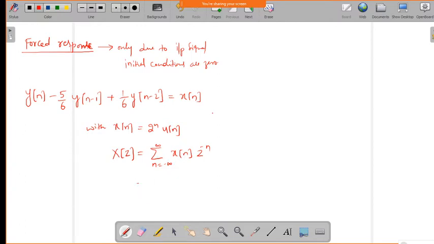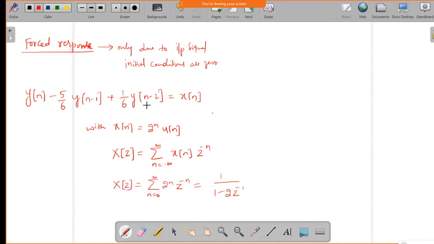Substituting x of n, the sum from n equal to 0 to infinity of 2 power n into z power minus n gives 1 over 1 minus 2 z inverse. This you know already, so this is your x of z.